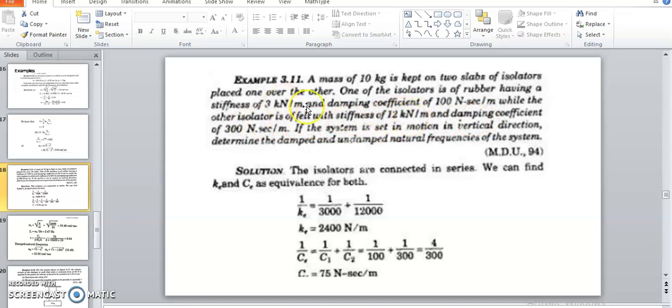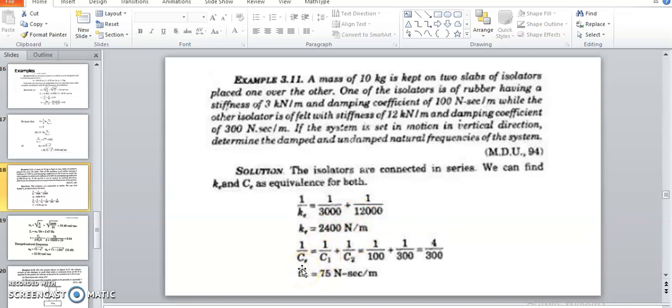So both these springs are in series. So for series, equivalent stiffness is calculated like this: 1 upon Ke is equal to 1 upon 3000 plus 1 upon 12,000. So Ke now becomes 2400 Newton per meter.